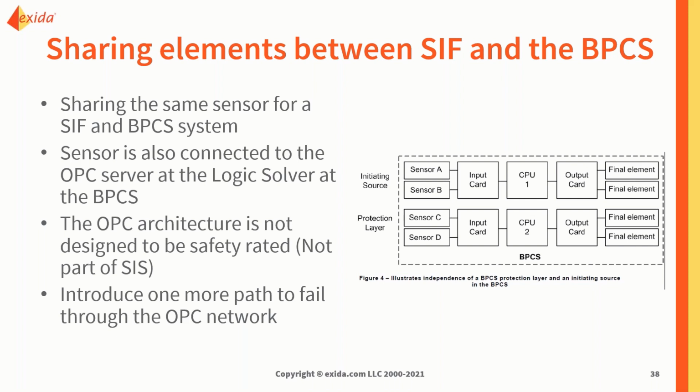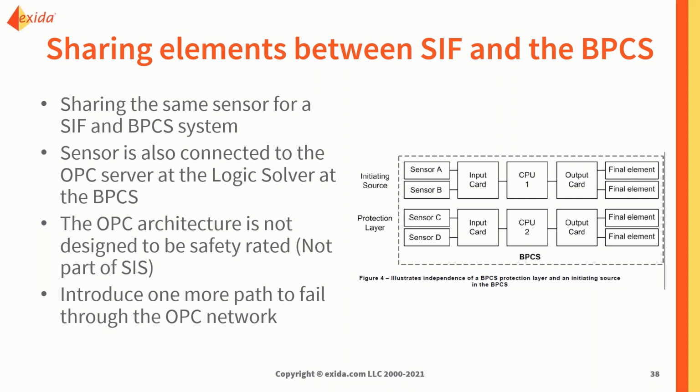So that creates problems. You introduce one more path for failure, because you can now fail through the communication, screwing up the communication through the OPC network. And then you can compromise the integrity of that particular SIF because of this.